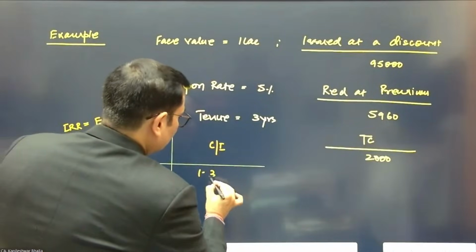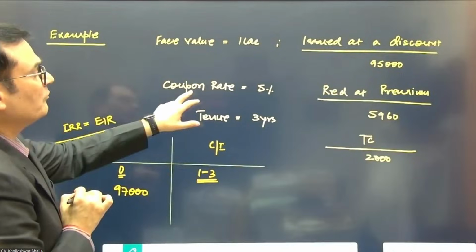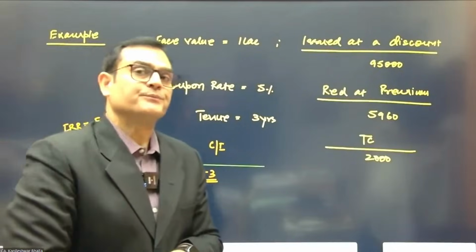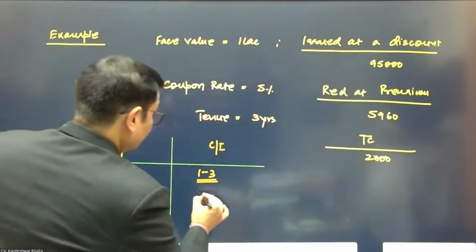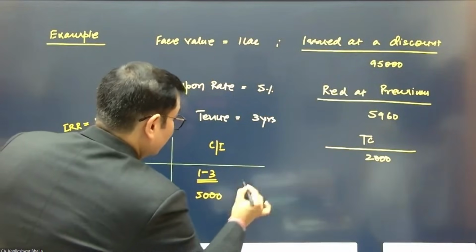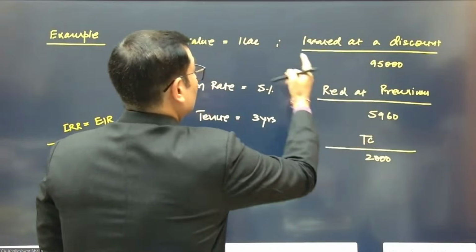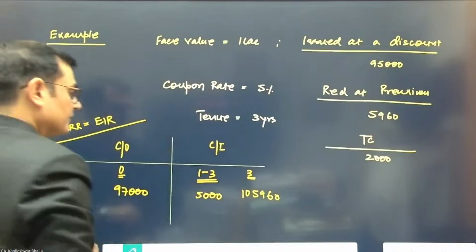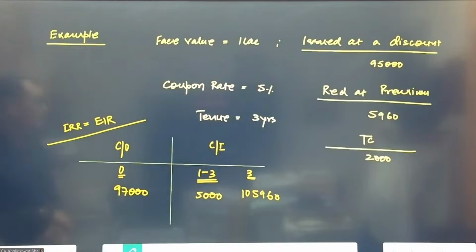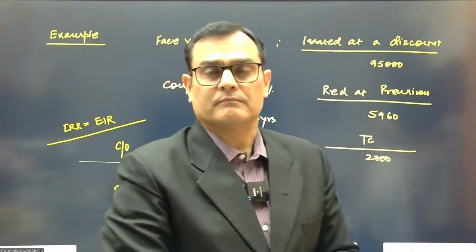In the next 3 years, I'm going to get a coupon of 5% on the face value of 1 lakh rupees, so 5,000 every year. And at the end of the third year, I will get the face value of 1 lakh with a premium, that is 105,960. And the question already tells you the EIR is 8%.